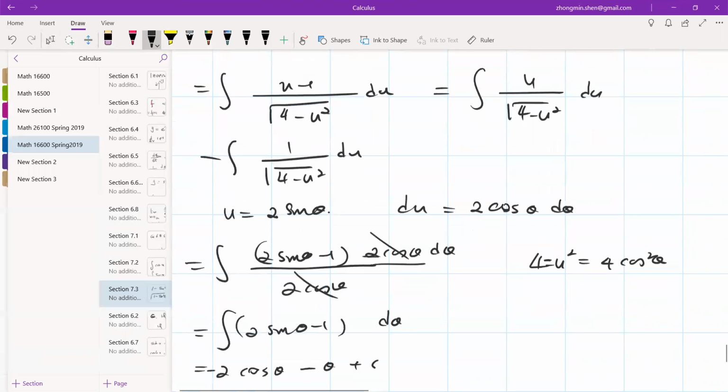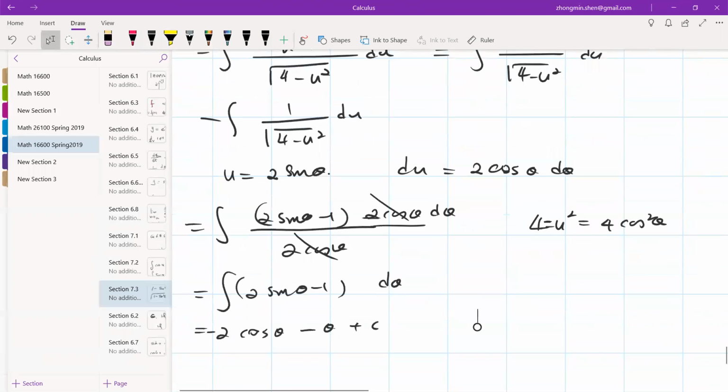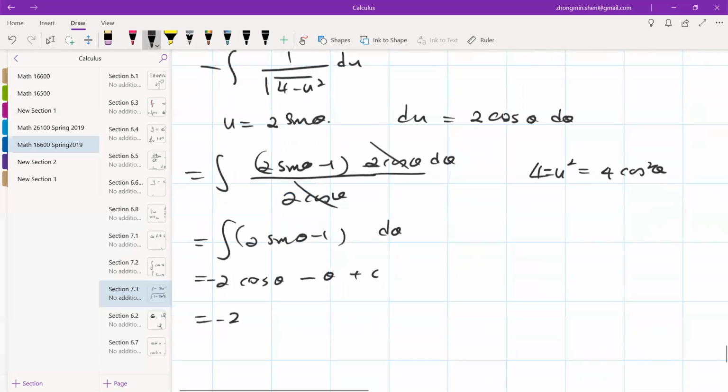And the antiderivative of this is going to be negative 2 cosine theta minus theta plus C. So what is my sine theta? Sine theta is going to be half of u. Cosine theta will be square root of 1 minus sine squared. And the theta is going to be arcsine of u over 2.